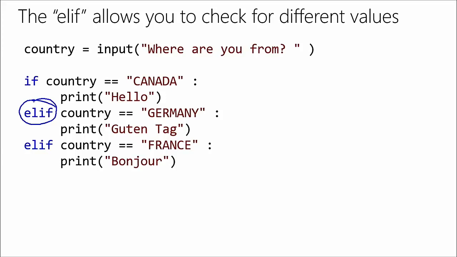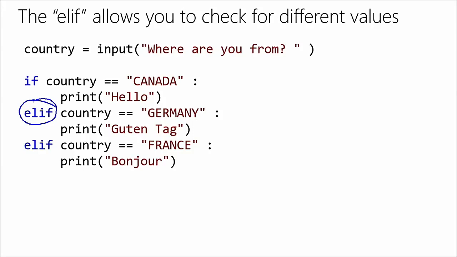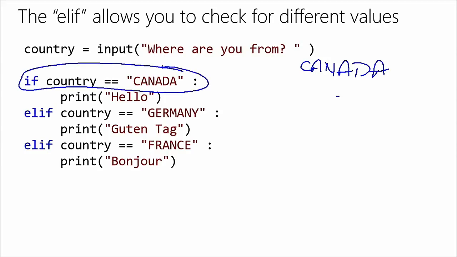Now, here's the most important point to keep in mind about a compound if statement like this. The way that if statements work is that they will execute the code associated with the first thing that tests as true. So if we bring it back to the slide, if it turned out that you had entered Canada, C-A-N-A-D-A, it's going to run this first check, which is of course going to test as true.